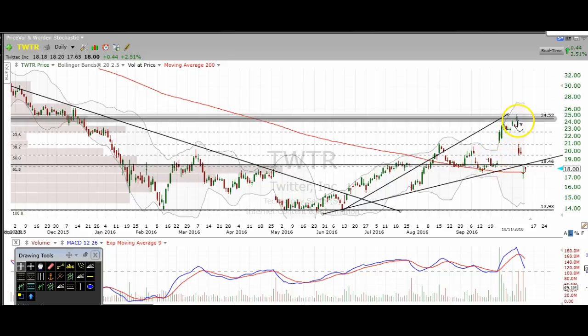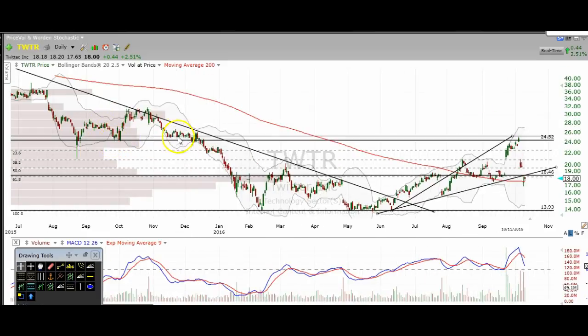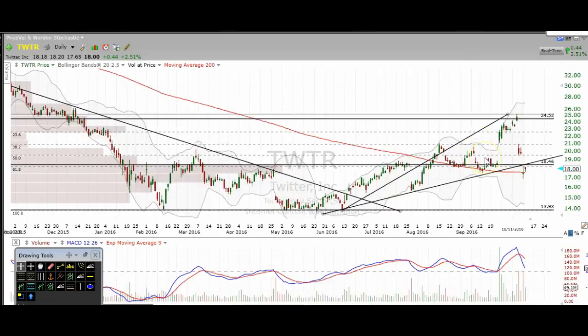We traded some options on Twitter on that, and our members saw a nice big gain. So it shouldn't be a big surprise that we saw a rejection at that level, because it had traveled nicely up there, and it was previous resistance.